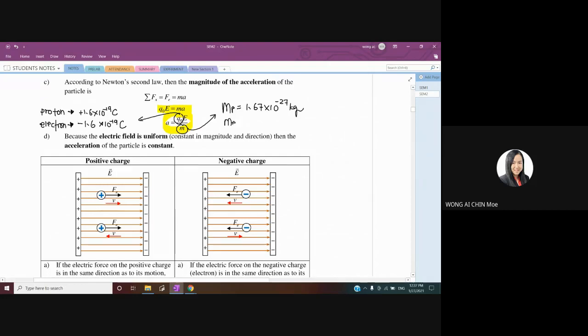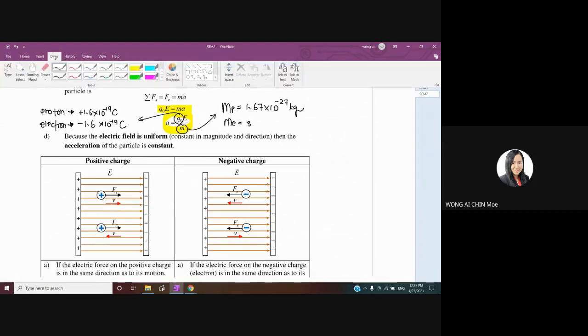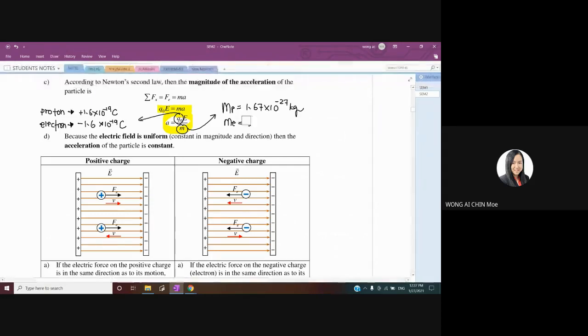And also the mass of the electron, you press calculator, constant 0, 3. So you will find that the mass of the electron is 9.11 times 10 to the power of negative 31 kg.